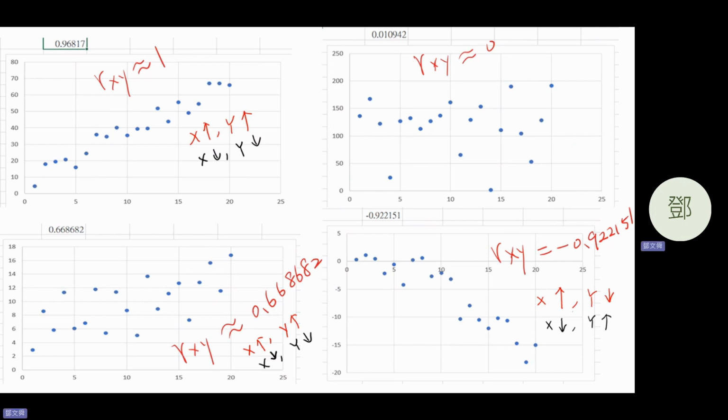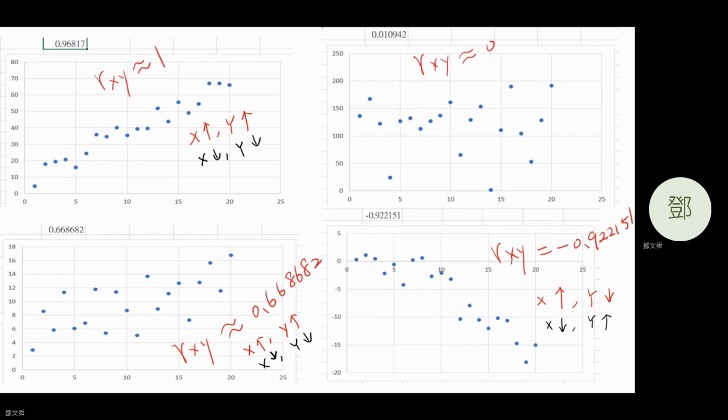I will have you identify or pick up the simple correlation coefficient that corresponds to this one, which appears to have a strong but negative linear association between x and y.